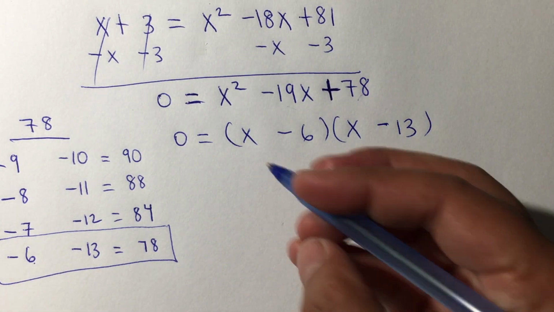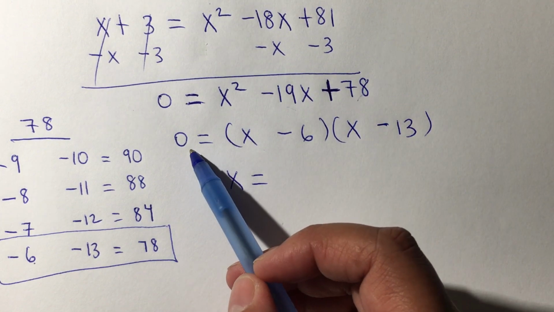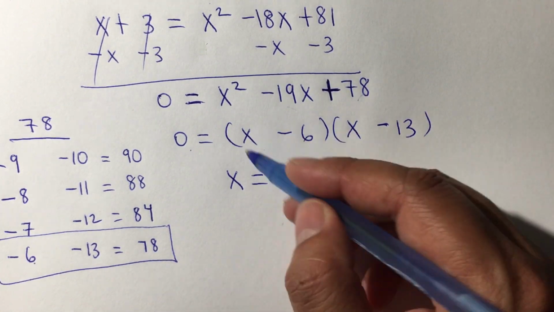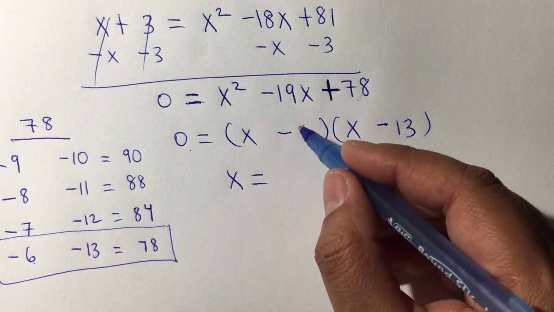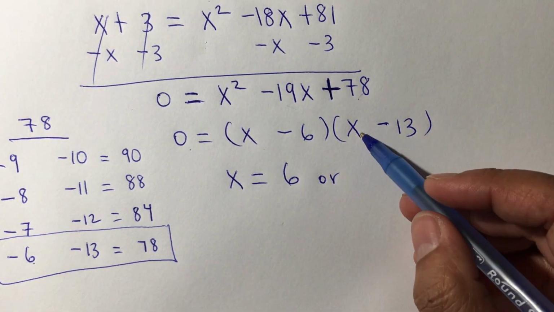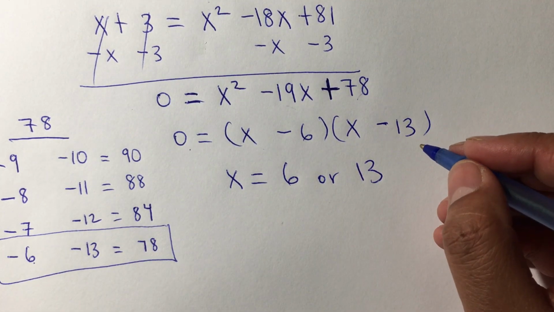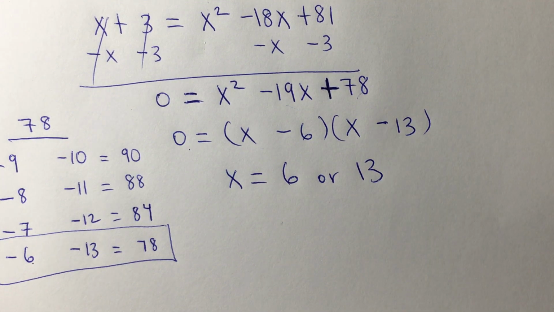But that's not the value of x. Remember that these are two factors that equal 0. For that to be 0, you need a +6 so that when you subtract 6, you get 0. Or you need a +13 because +13 and -13 is 0.